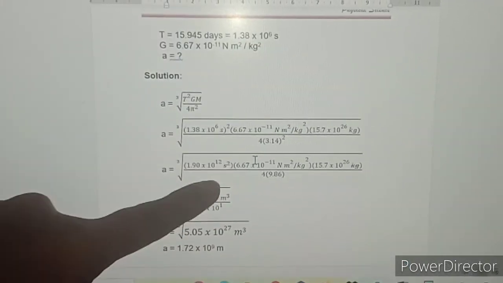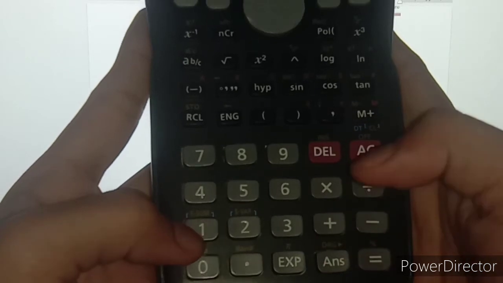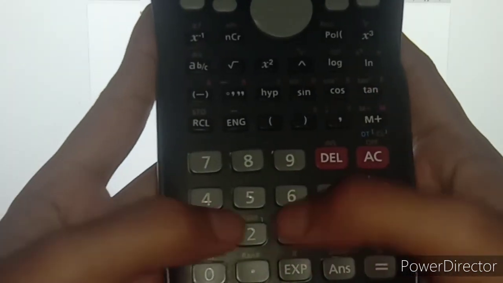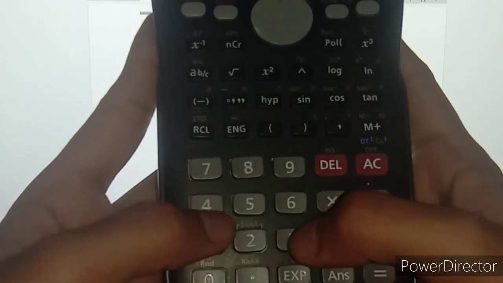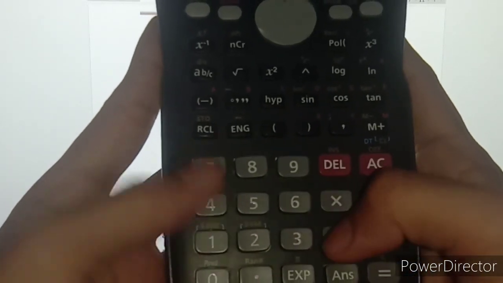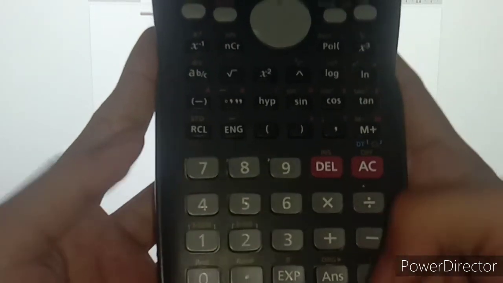Next is we need to divide this. So, we have 1.99 times 10 or yung EXP raised to 29 divided by 3.94 times 10 or EXP raised to 1.